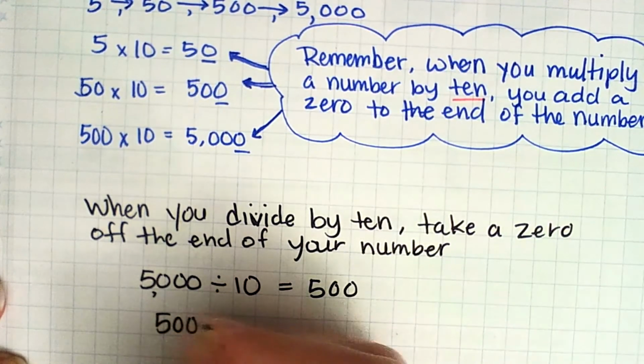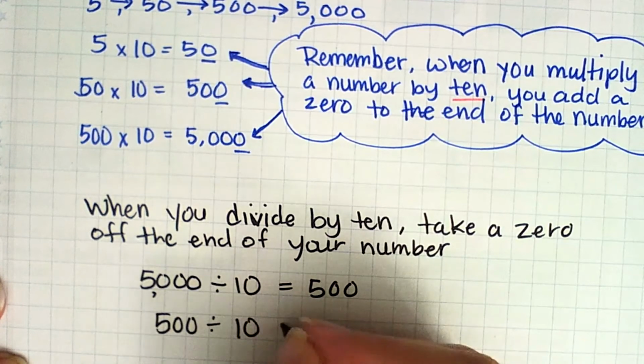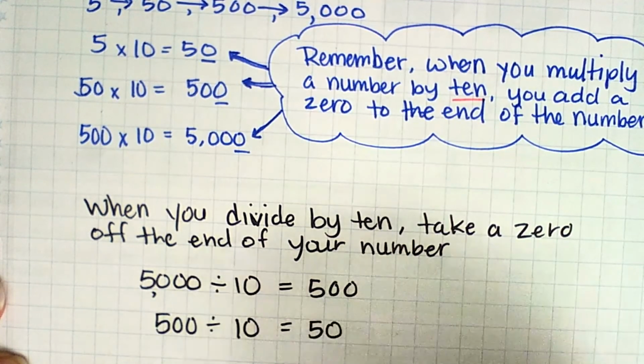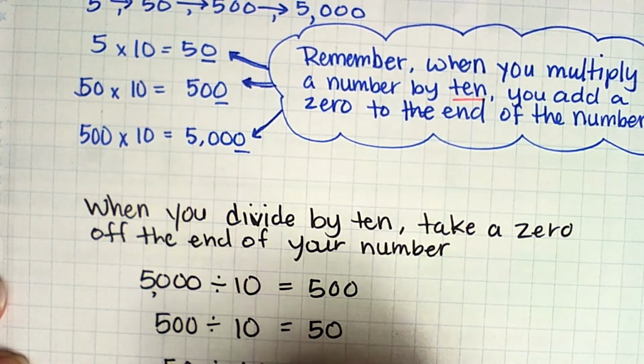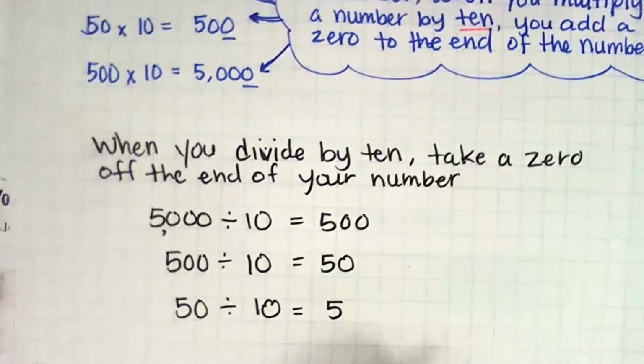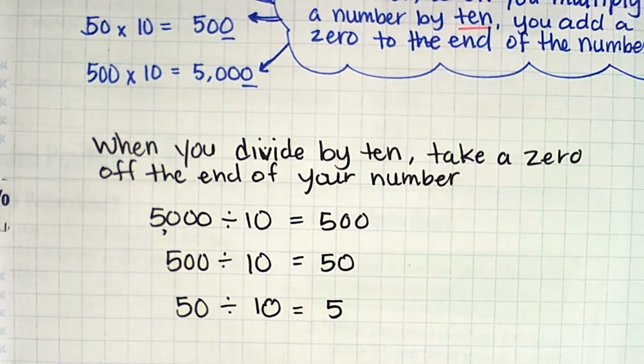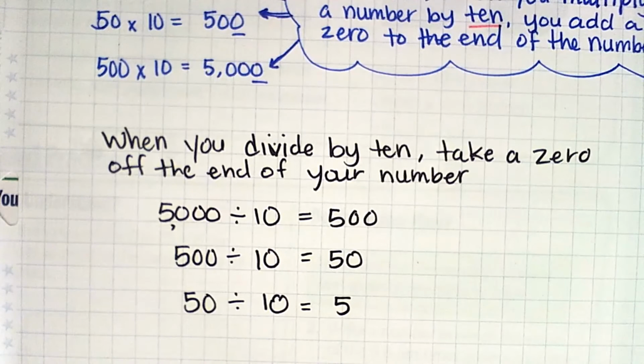You have 500 divided by 10, you end up with 50. 50 divided by 10, you end up with 5. So this simple version of the rule works really well if your numbers already end with a 0. So then you're just knocking a 0 off.